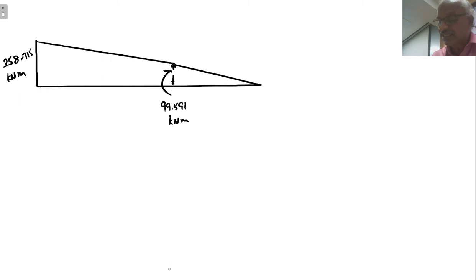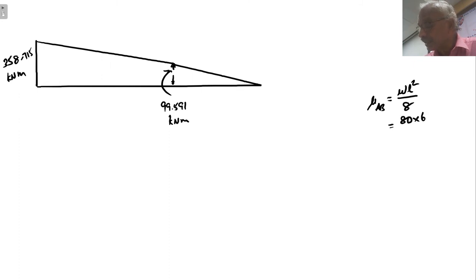AB is 6 meters. BC is 4 meters. And the free moment diagram. So Mu AB, considering AB as a simply supported beam, it is WL square by 8 for UDL over the entire span. That is 80 into 6 square by 8. That value will be 360 kilonewton meter. For BC, again same formula.